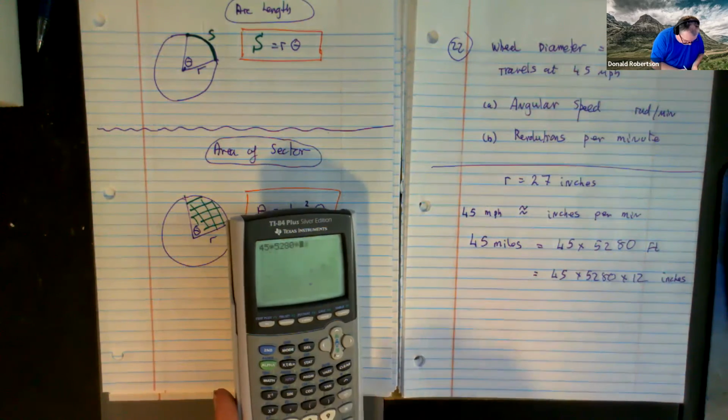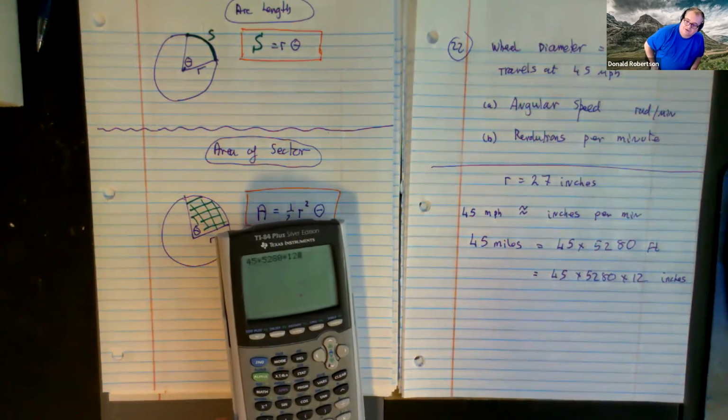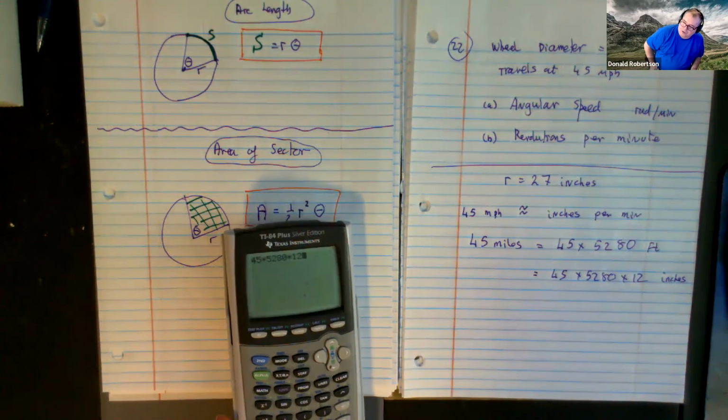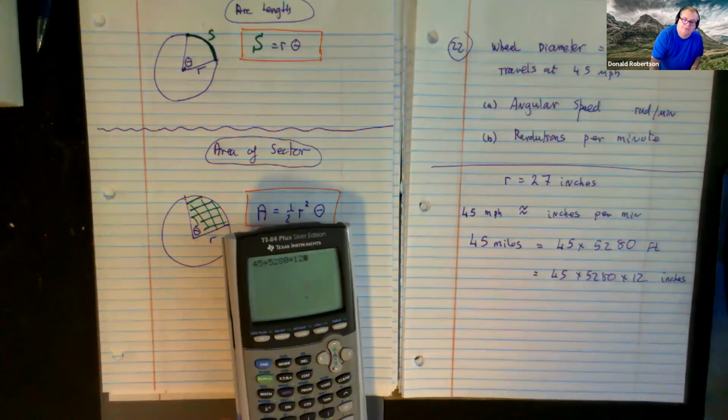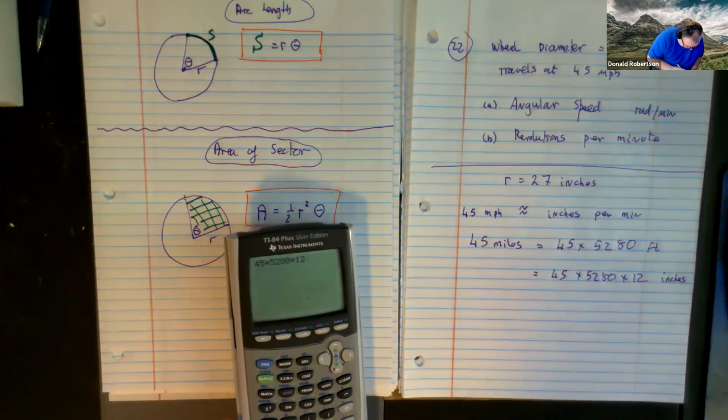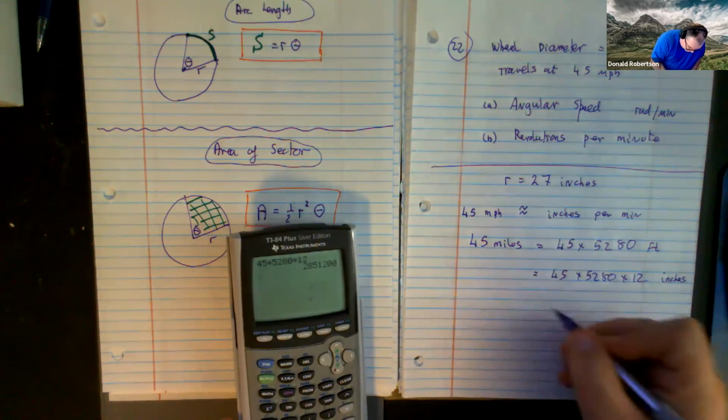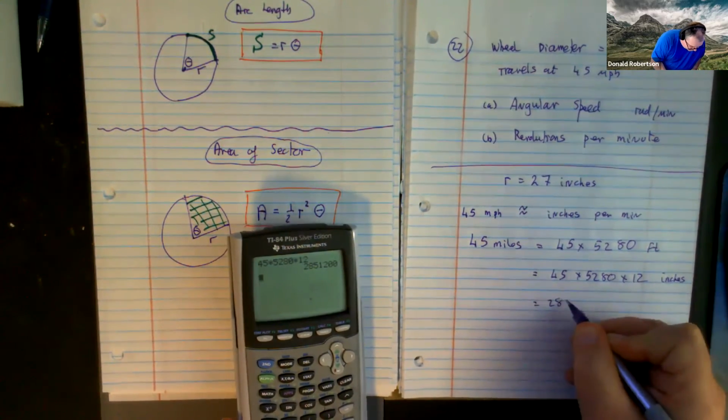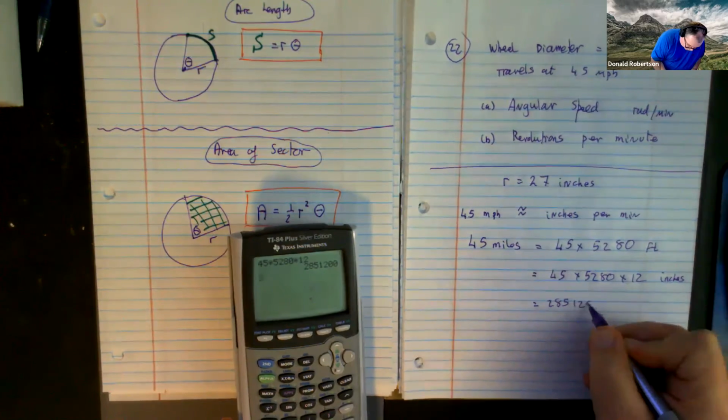5,280 times 12. Could you imagine how easier this question is going to be if it was kilometers? I mean, just think how simple this question would have become. But if you want to be stubborn, then this is the consequence. It's going to be 2,851,200.